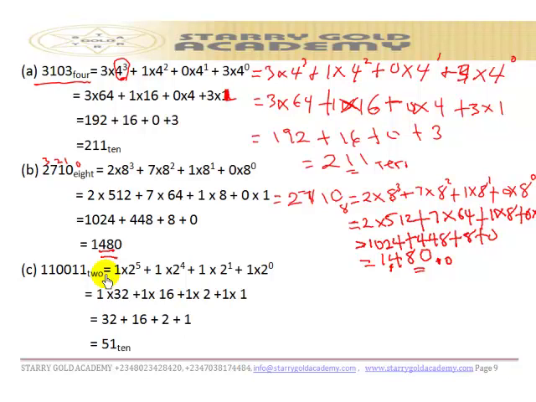If you don't want to, you might not write it, because base 10 is a natural number. It's part of the numbers we use in our daily life. Buy goods, buy food, buy this, buy that. So 1480 can be written without the base. It is permitted, but only in base 10.